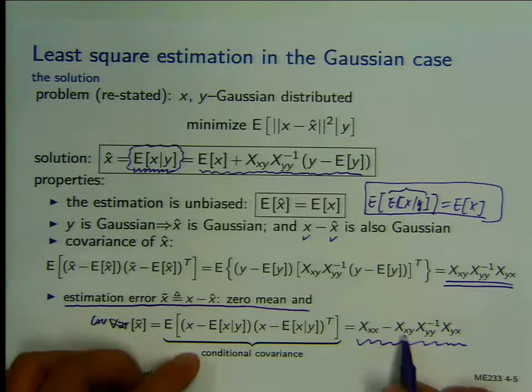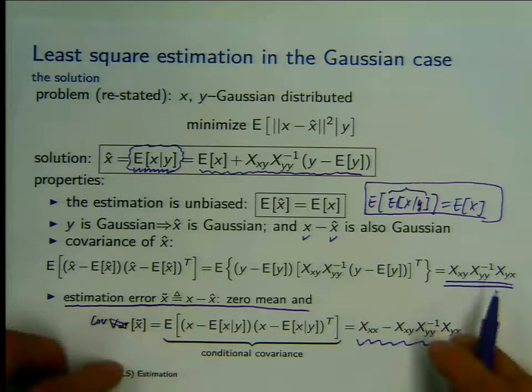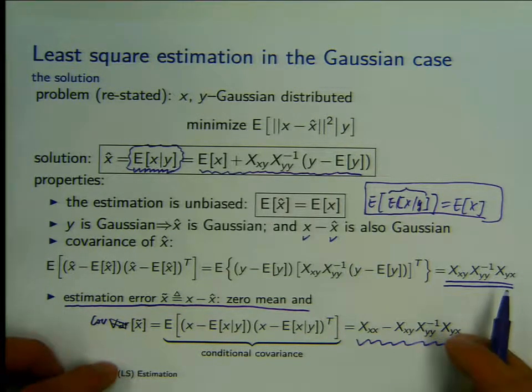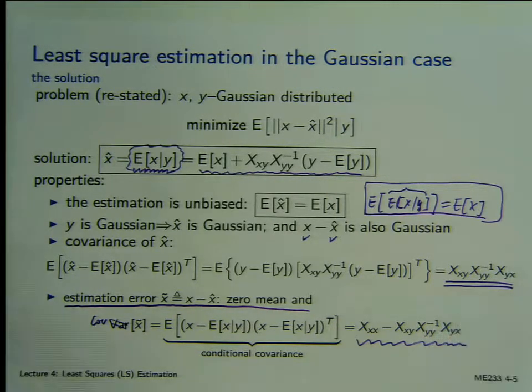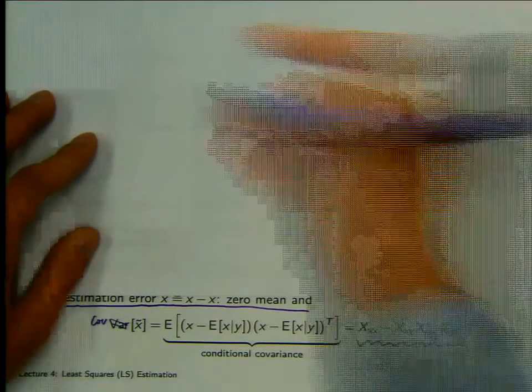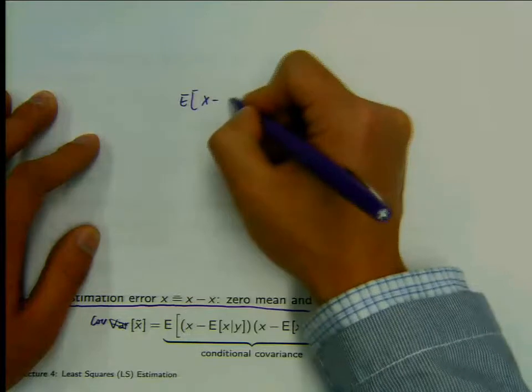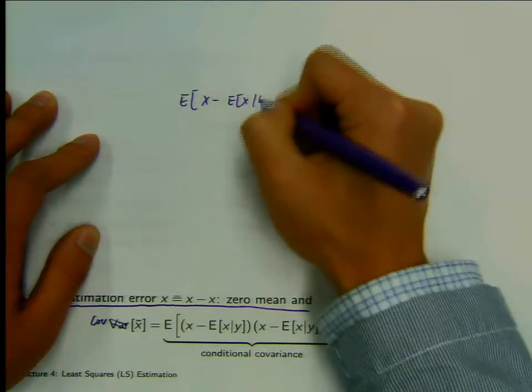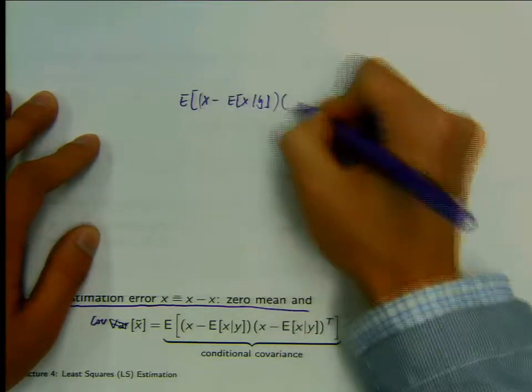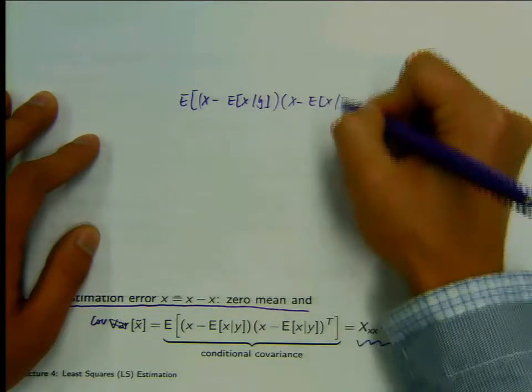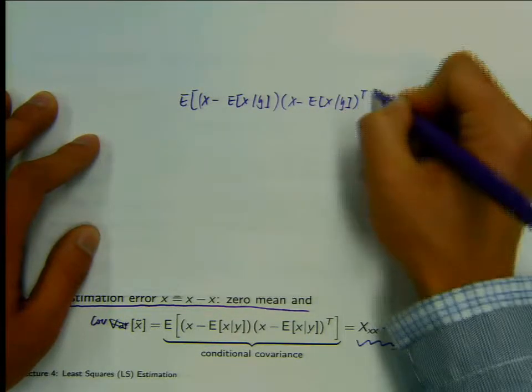To get this, let's see how you can get this. There are probably several ways. Let's do it once to obtain this covariance estimation. So I want to evaluate the expectation of x minus the conditional expectation, transpose.